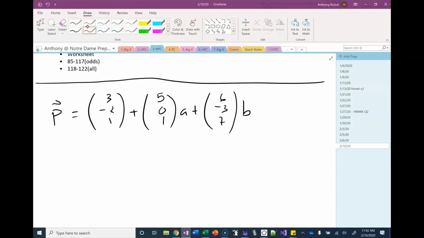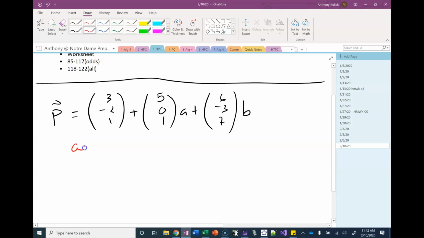So here is my vector equation for my plane. Now this is an IB component form, but it wouldn't really matter if this was in linear combination form or regular component form or however that's represented. It doesn't really change anything. My goal here is to get 3 points out of this.